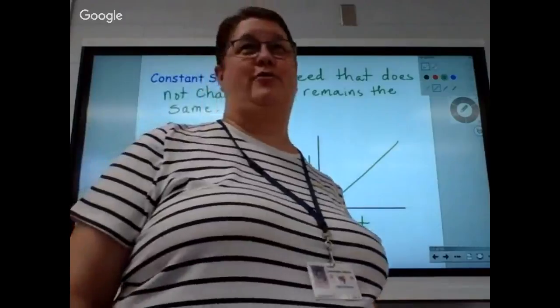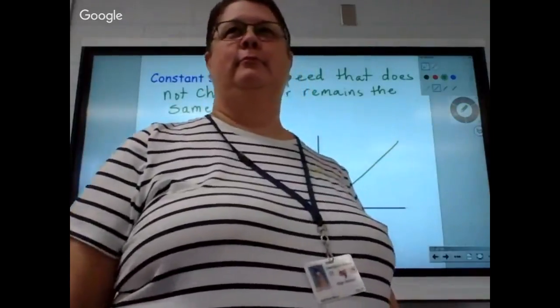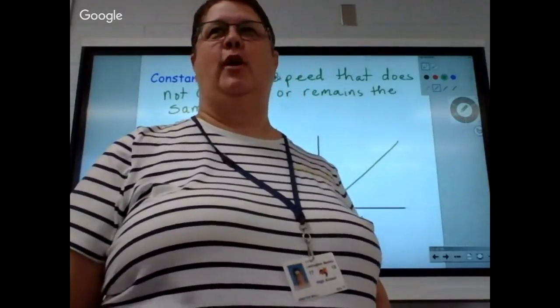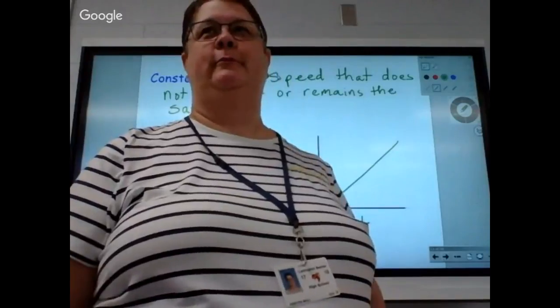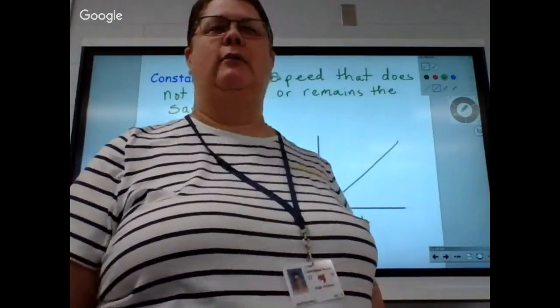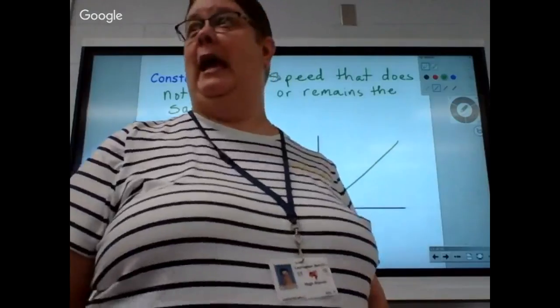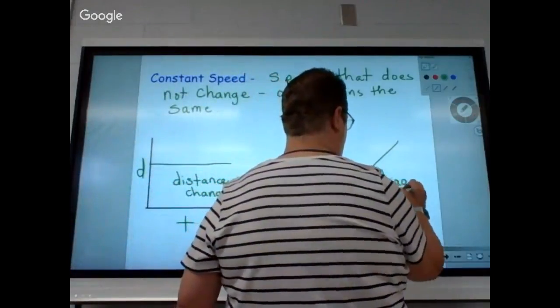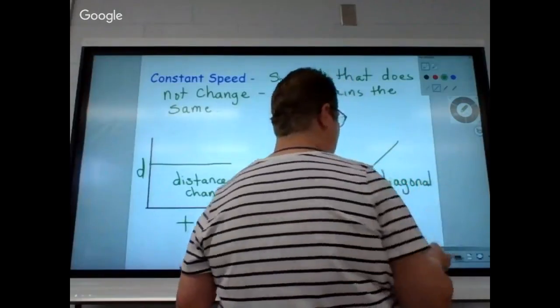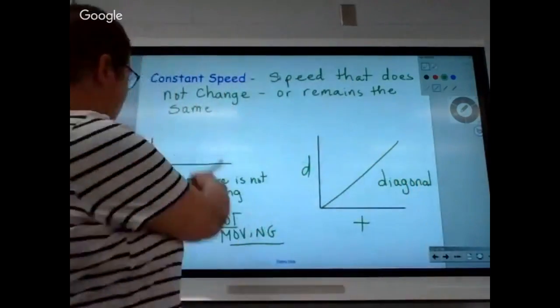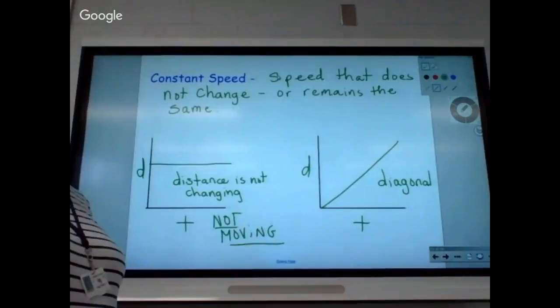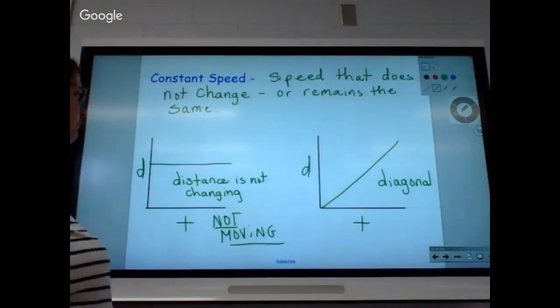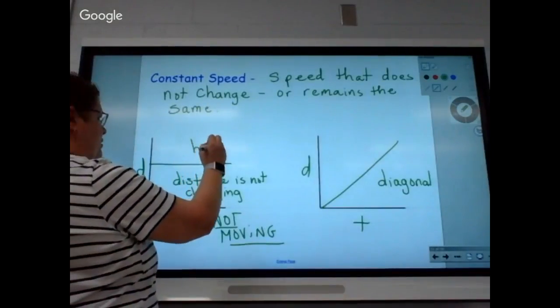Okay, I'm thinking of a word that starts with a D myself. Y'all are working way too hard for this word. What's the line look like? Diagonal. Yeah, it's diagonal. It's a diagonal line. That's a what kind of line? It's horizontal. Okay? This one's horizontal.